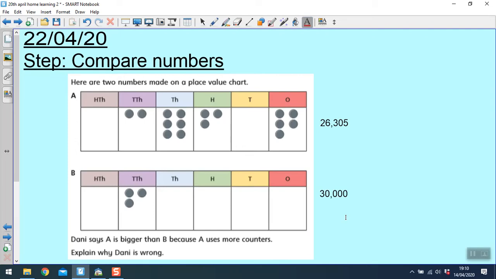So Danny's saying this number is bigger because it's used a lot more counters. But Danny is wrong because they've both got 5 digits, they've both got tens of thousands. This one's got 2 tens of thousands, but this number's got 3 tens of thousands, which is why 30,000 is bigger than 26,305.